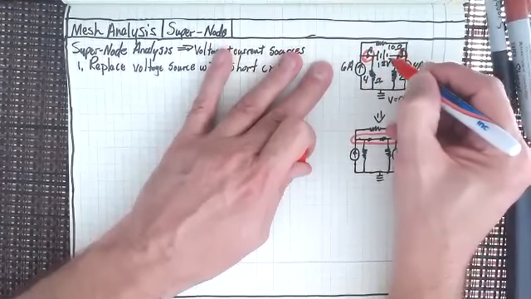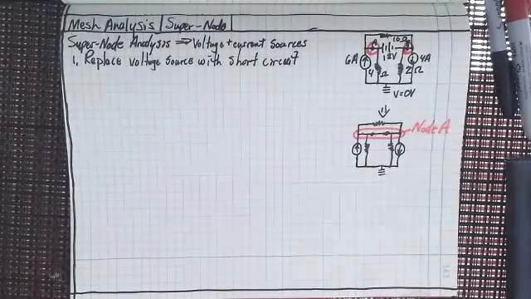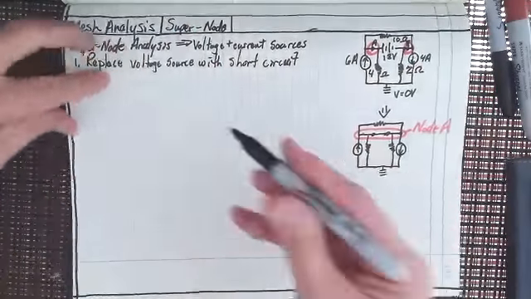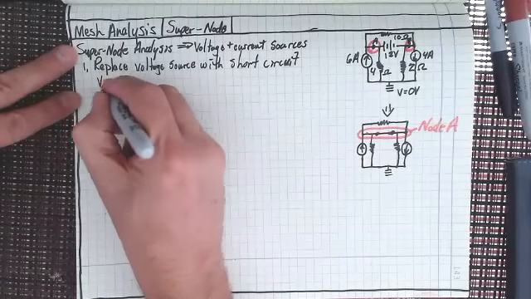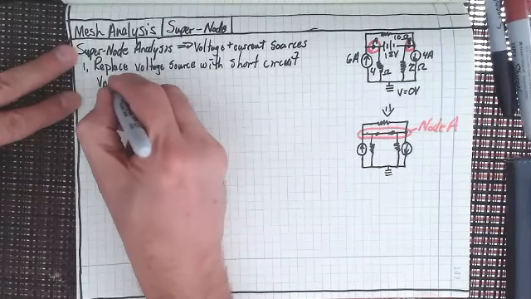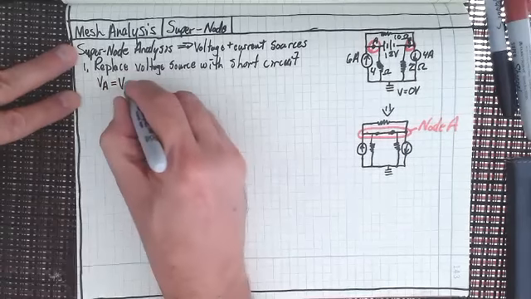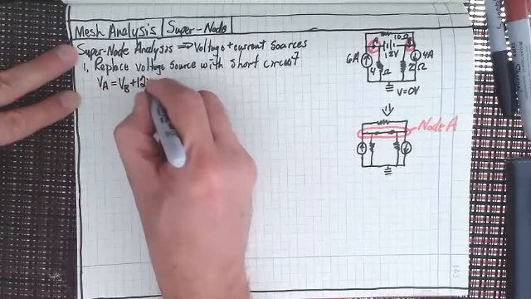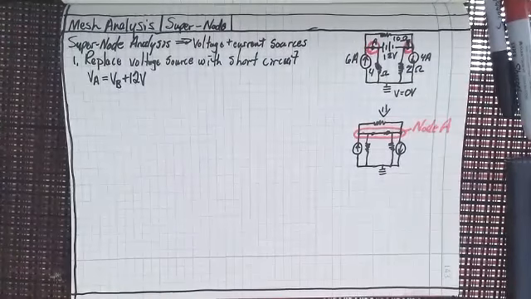A and B, this is the 12 volts. So we know that the voltage, let's just write down some things that we already know. We know that the voltage at A is going to be equal to the voltage at B plus 12 volts. So that tells us one thing about the voltage differentials across there.